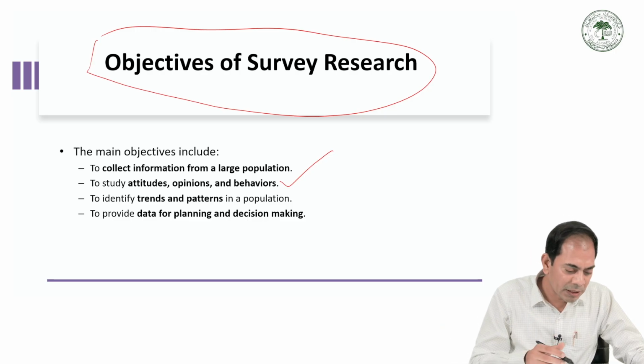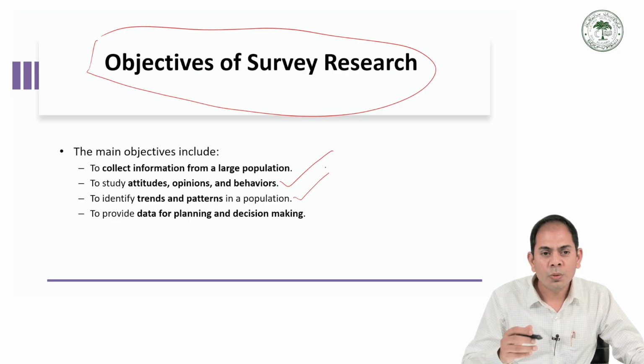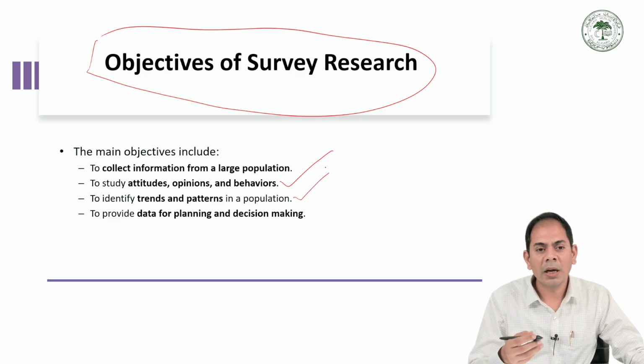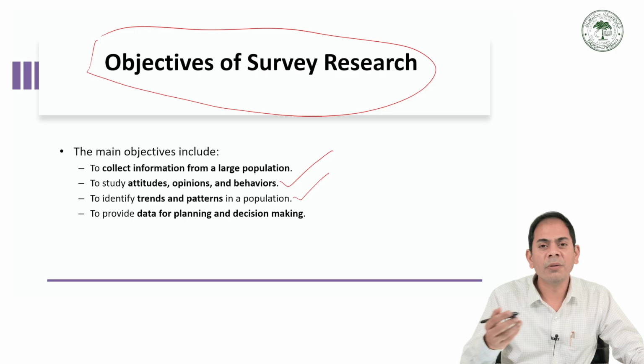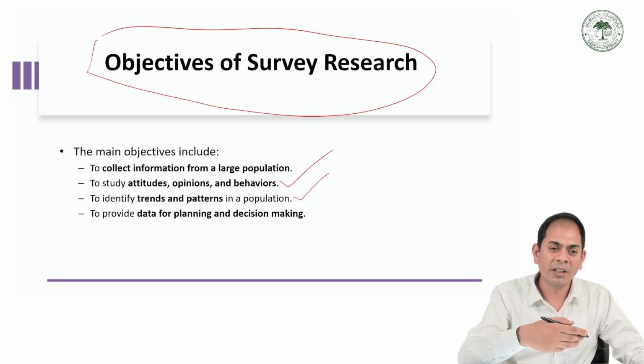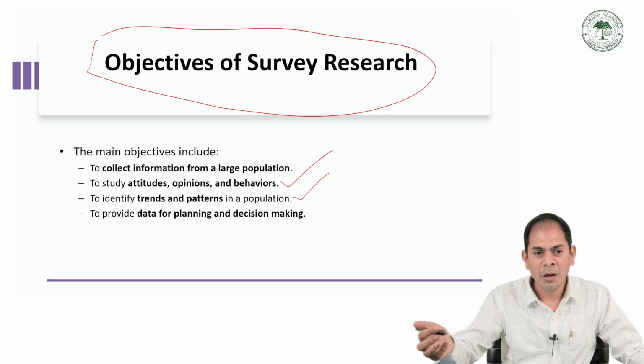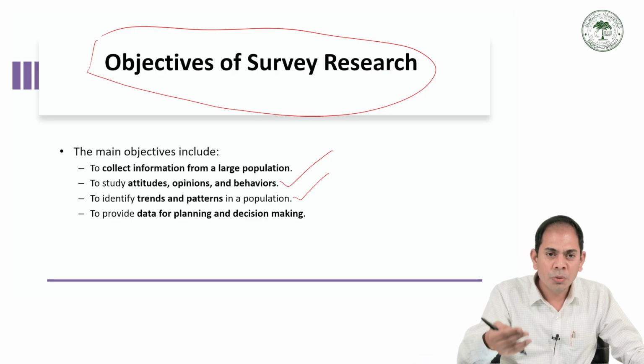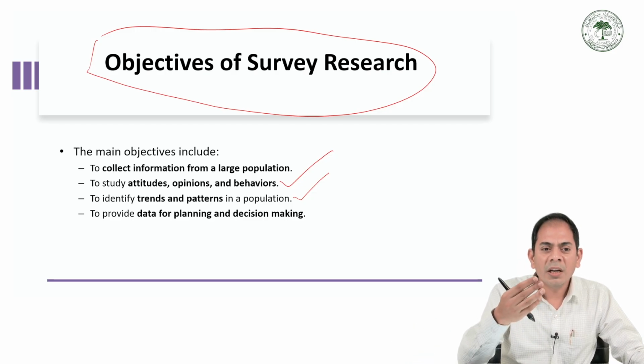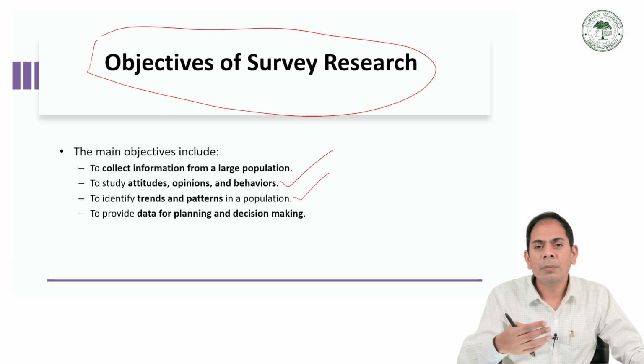Next is to identify the trend and pattern in the population. Different populations or different areas have different trends in relation to studies, jobs, and behavior. So survey research is generally used to identify the trend and pattern in the population.